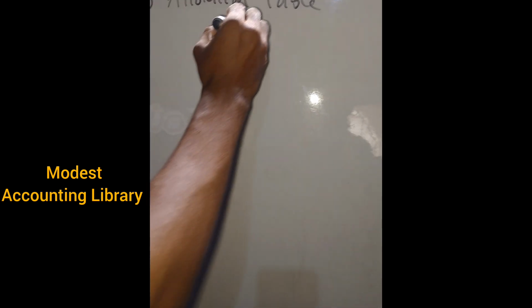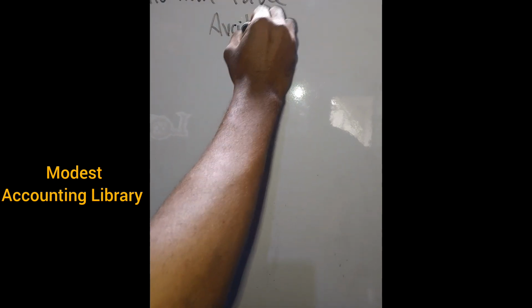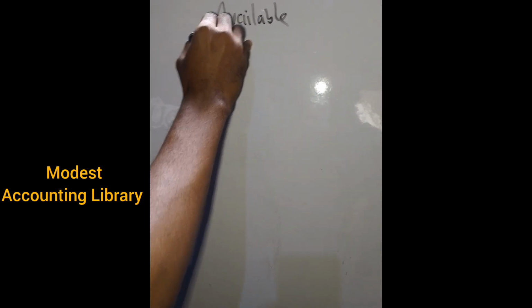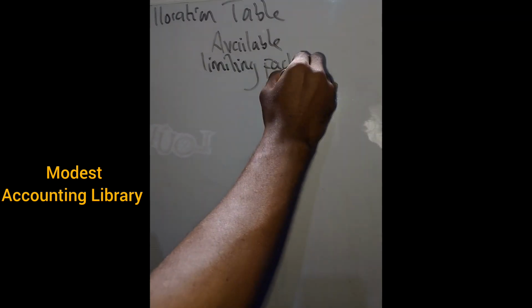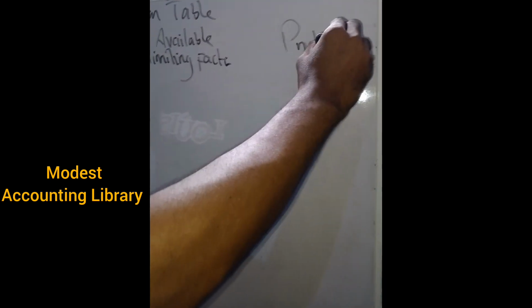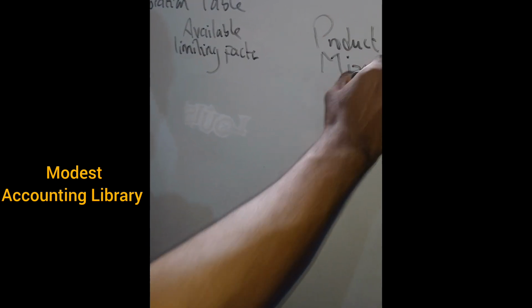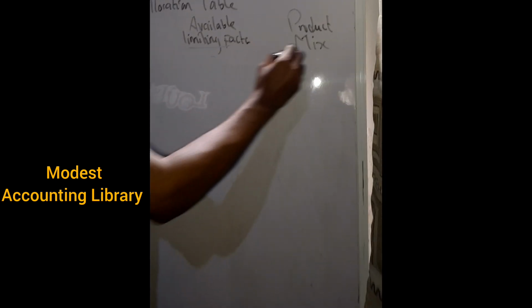So we are going to do it this way. Let's call this available limiting factor. By the side, we can say product mix. Okay? Available limiting factor, product mix.